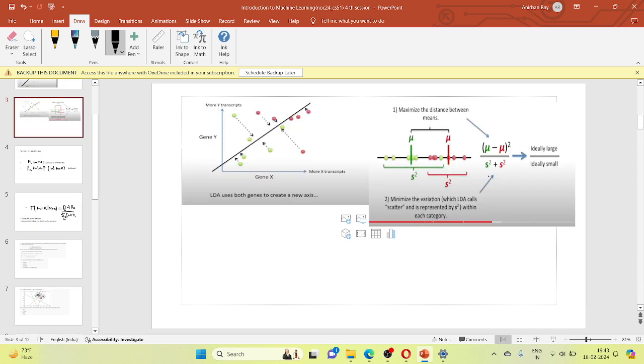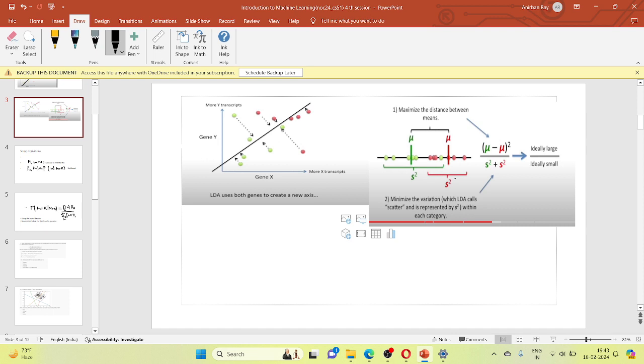The idea is that we try to find such a plane in which the distance between mu, the mean of one type of data, and mu of another type of data, is as large as possible, and the scatter, measured by the standard deviation, is as low as possible.